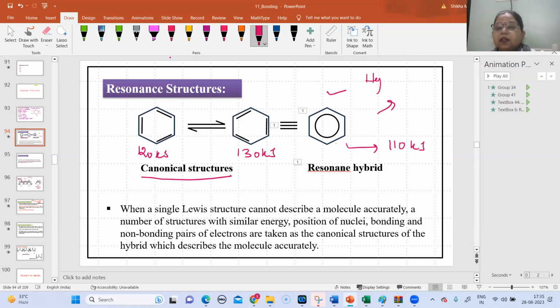These are just hypothetical numbers to explain the concept, right? That the energy of the resonance hybrid is less than either of the canonical forms' energy. It means it must be less reactive. You must have seen in your day-to-day life, when you have fever, you can't work as efficiently as you can on a normal day, right?